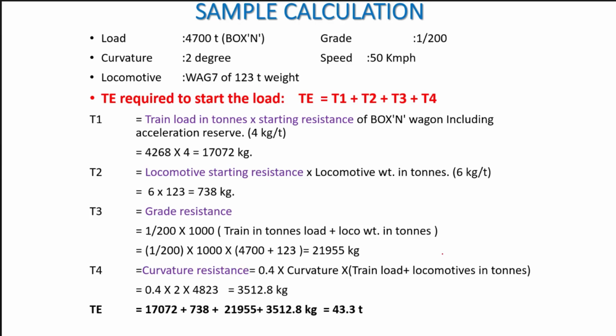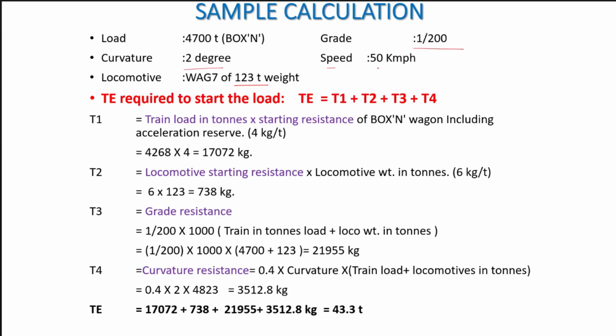We have taken a WAG7 engine whose weight is 123 tonnes. It is running on a grade of 1 in 200 and a 2 degree curve, just for the sake of sample calculation, which I will validate with the RDSO guideline which has been issued.